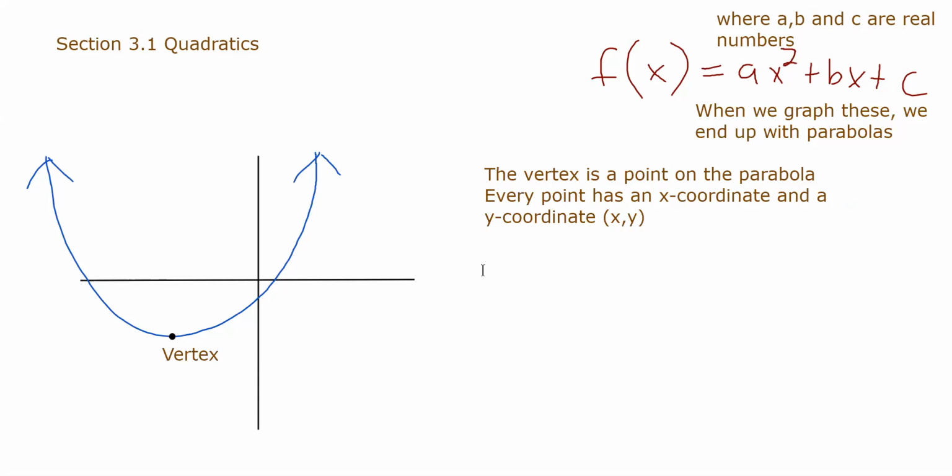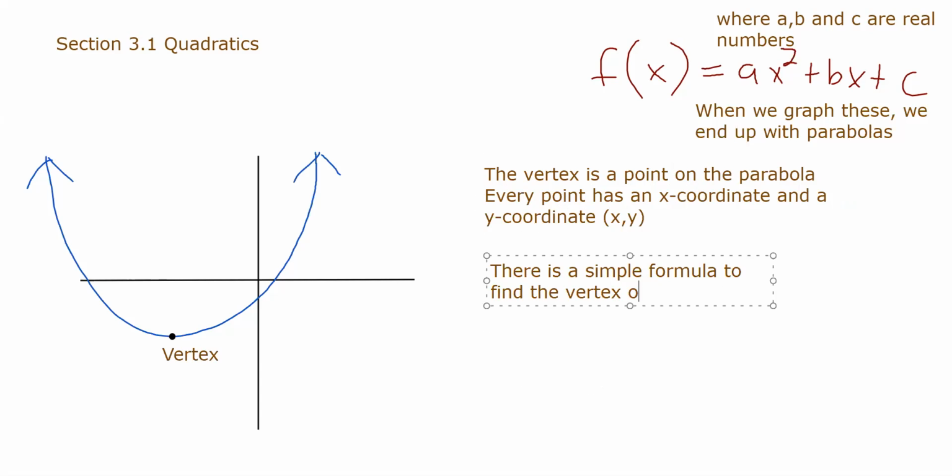There is a simple formula to find the x coordinate of the vertex. This is what it's going to be: x equals, it's going to involve a and b, and actually not c, but the coefficients of the original quadratic you're dealing with.